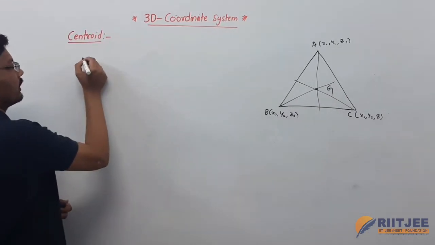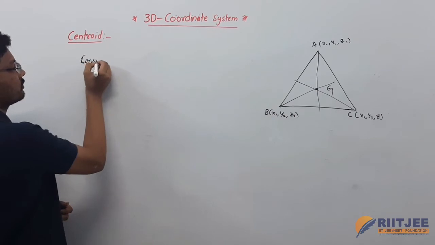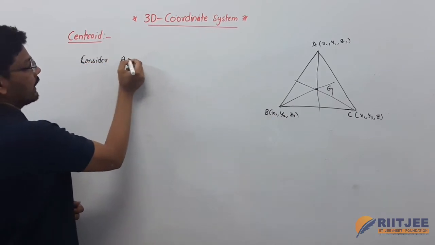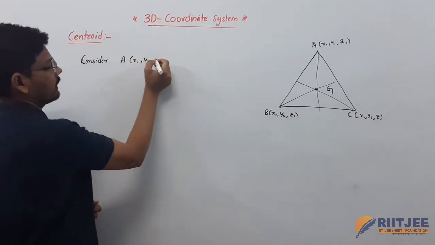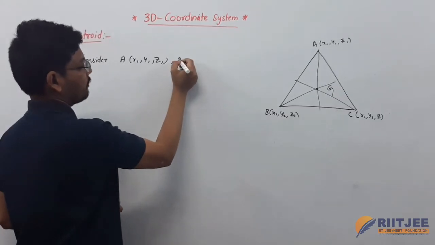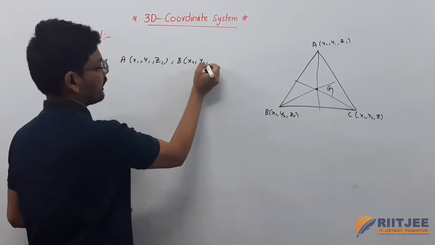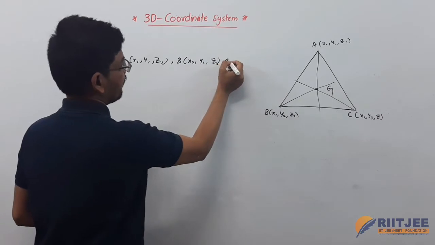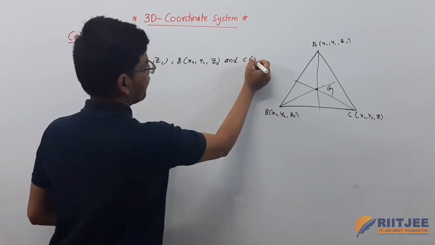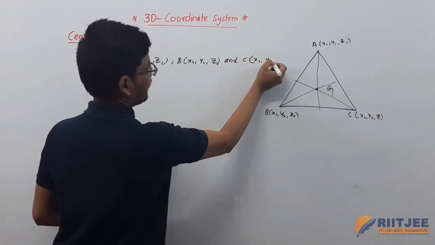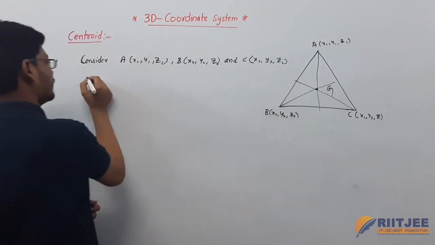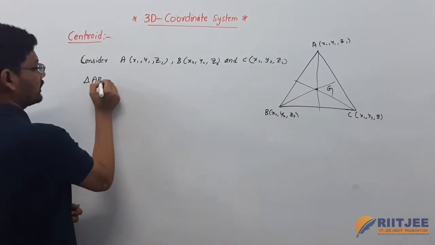So here let us consider A is (x1, y1, z1), B is (x2, y2, z2) and finally C is (x3, y3, z3).